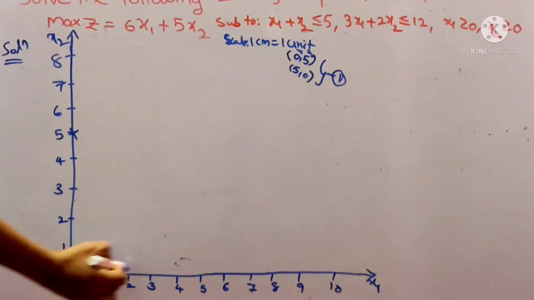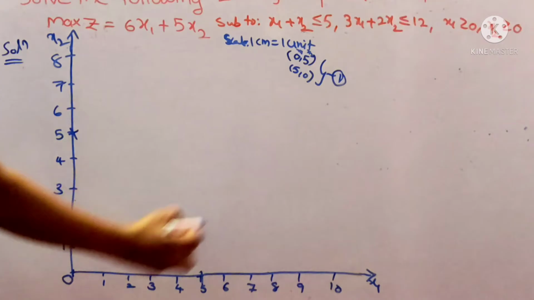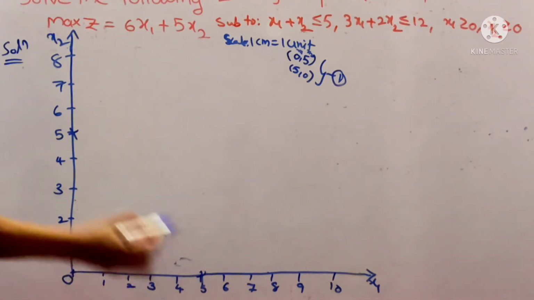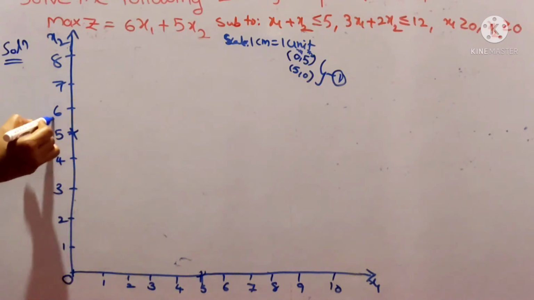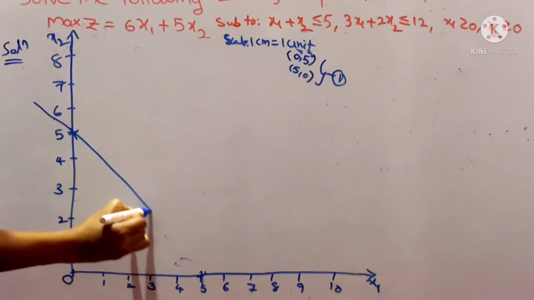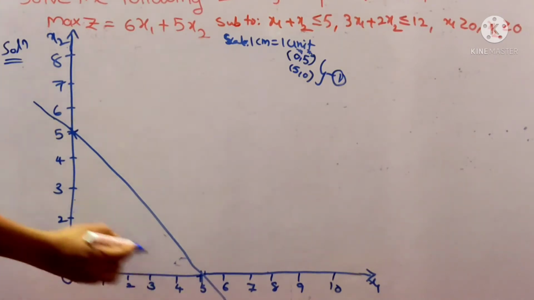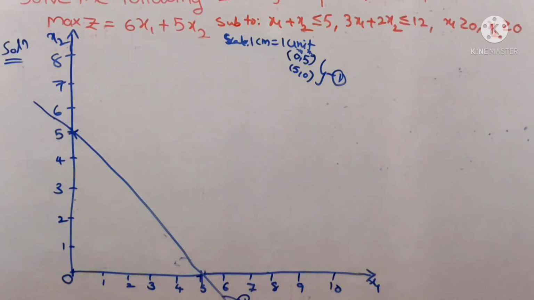Keep a point on 5. Similarly, next 5, 0 is the point, 5 along the x-axis and 0 on y. Join these 2 points. Joining these 2 points will give a line. Denote that line as equation 1.